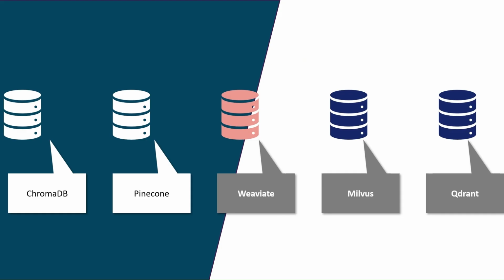Now let's see what are the different types of databases which come under the broad spectrum of vector databases. Like relational databases or non-relational databases, vector database is a paradigm that has different types of databases.